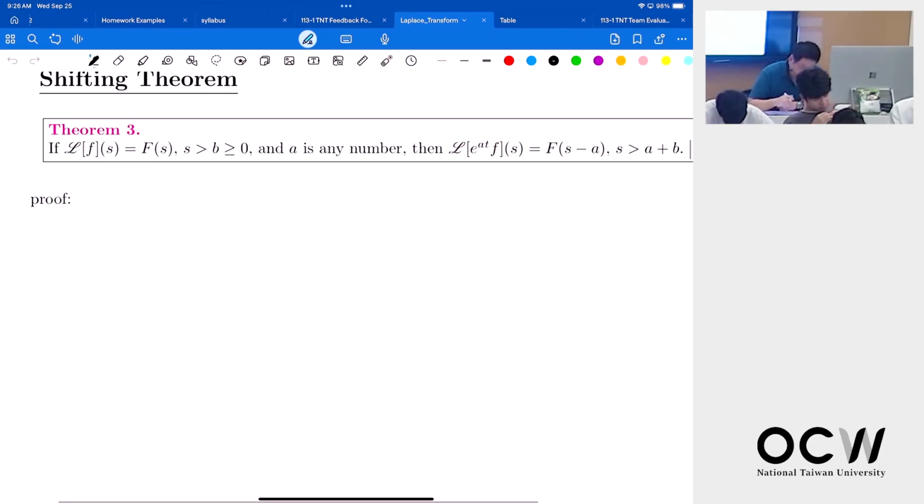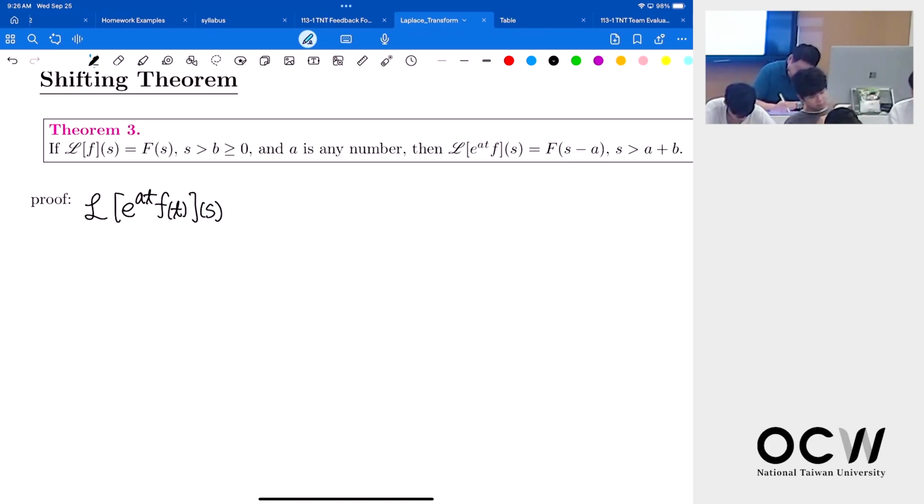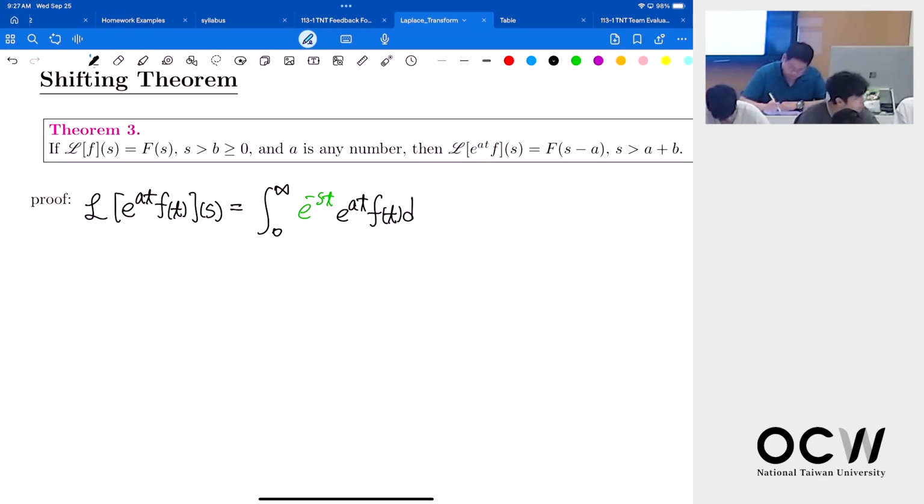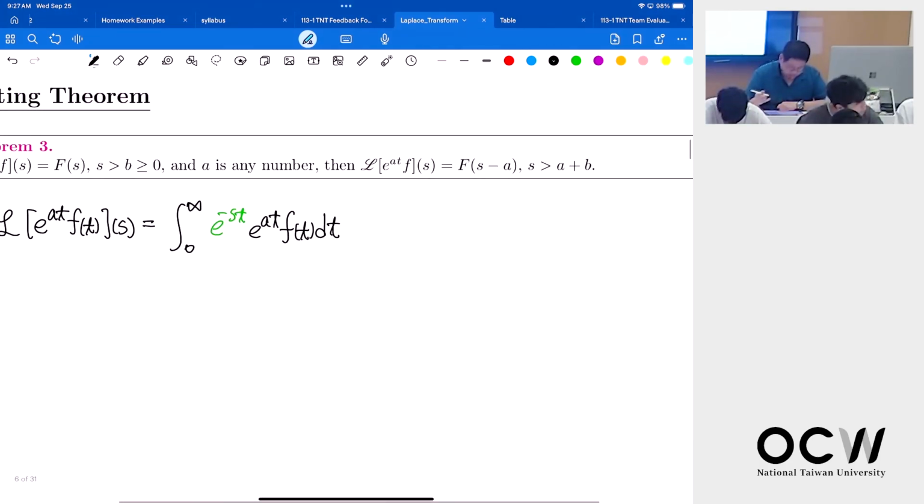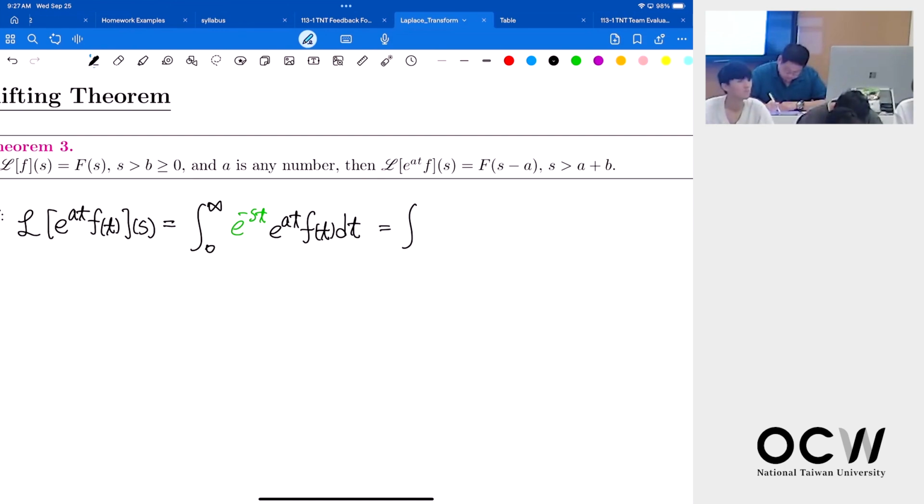Just based on the definition of the Laplace transform of e to the at f(t), the integration from 0 to infinity of e to the minus st times e to the at f(t). Let's combine the exponential terms: e to the minus (s minus a)t f(t) dt.